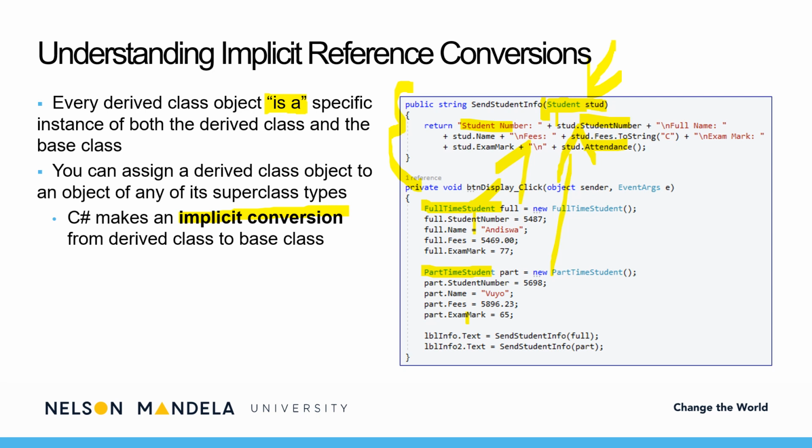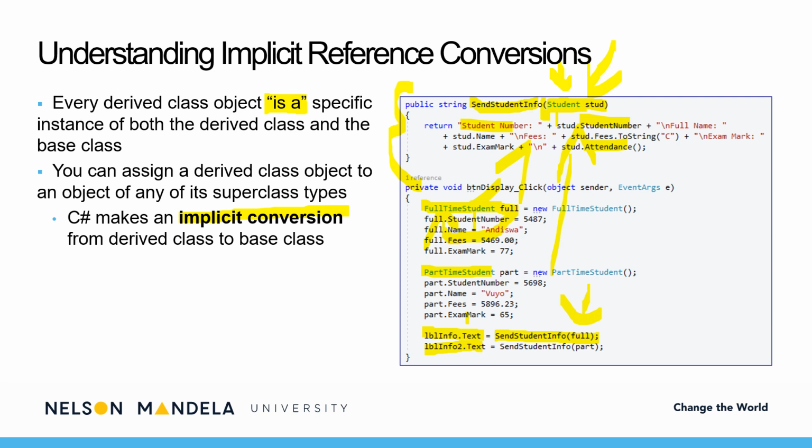We've got two labels in our form, lblInfo and lblInfo2, and we assign to them by sending student info to this method. In the first call, we pass full, since full is a reference of type full-time student, so we are able to pass that.